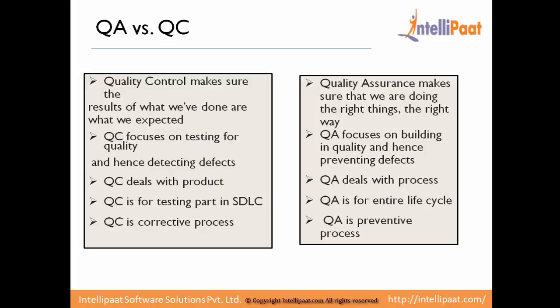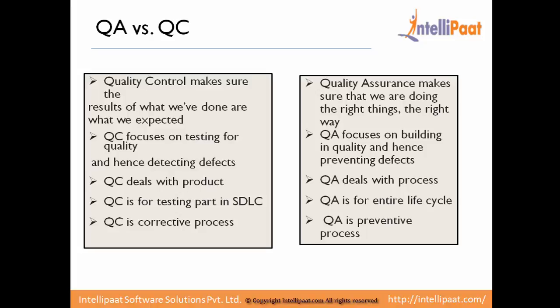Because quality assurance identifies issues much before the application is under testing. The quality assurance function exists right from the beginning of the application being built, and it tries to prevent defects so that fewer and fewer defects exist in the actual testing phase.